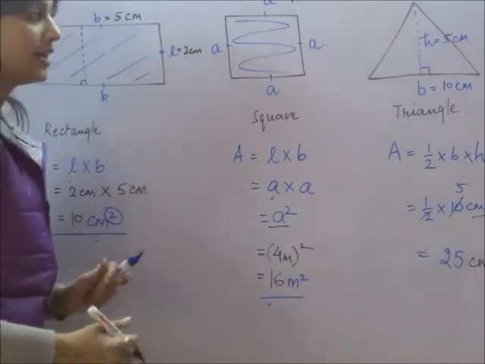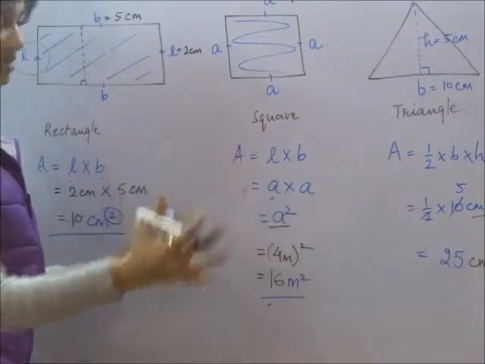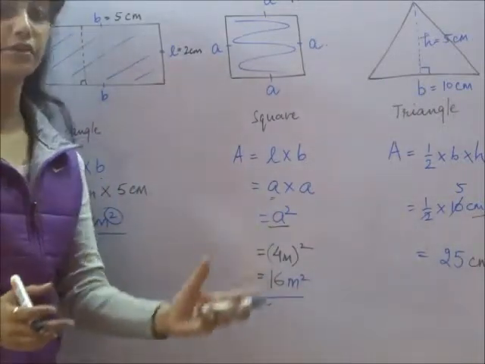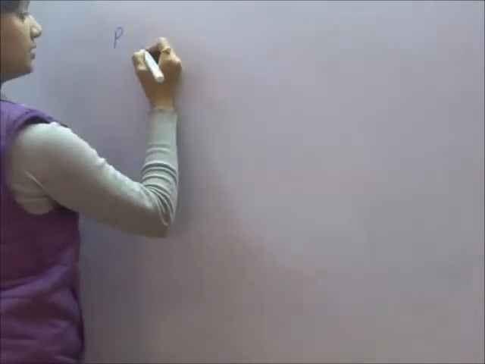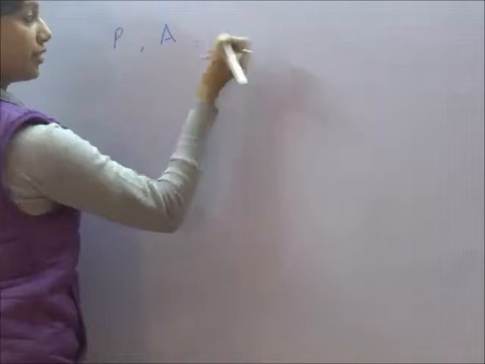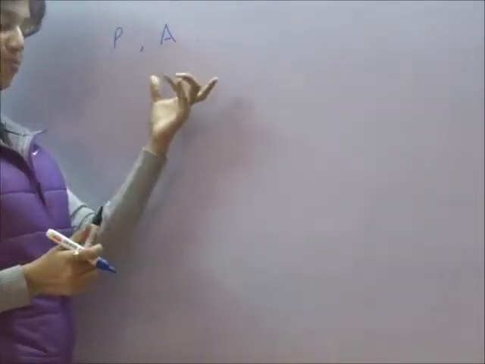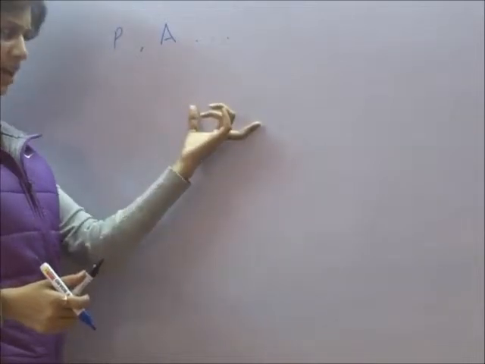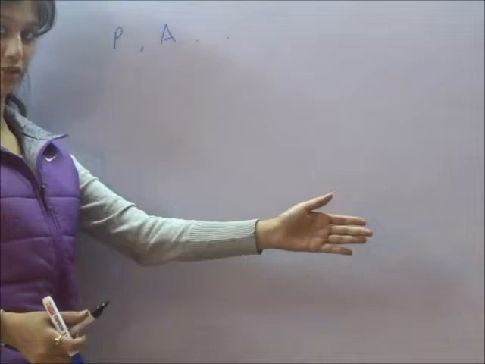Now moving on to the two or three figures that we've left, like parallelogram, rhombus. So here in this video, we have studied the perimeter and the area for certain figures. The cases of area of parallelogram and rhombus, we would be discussing in the next learning video.